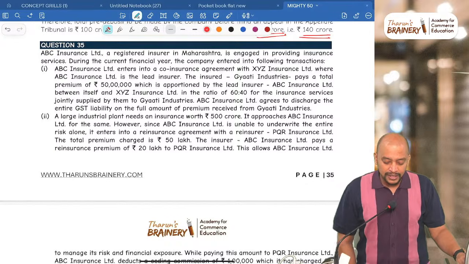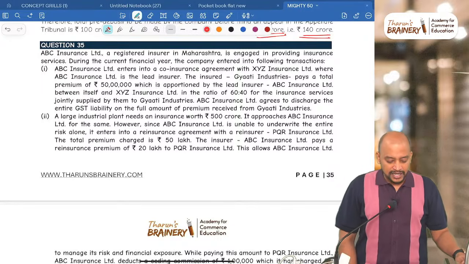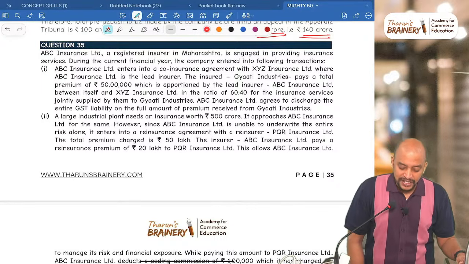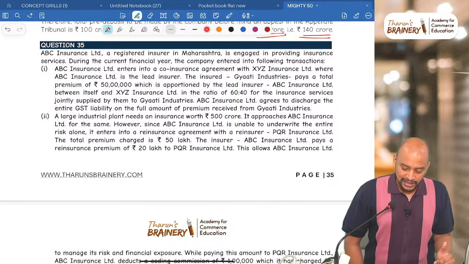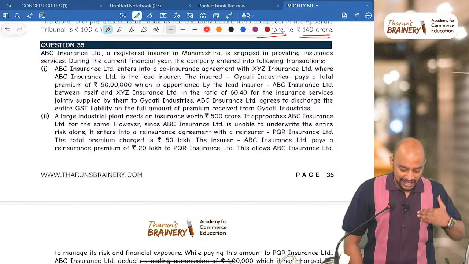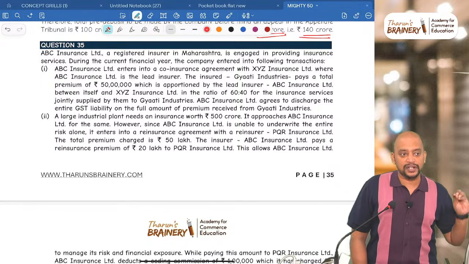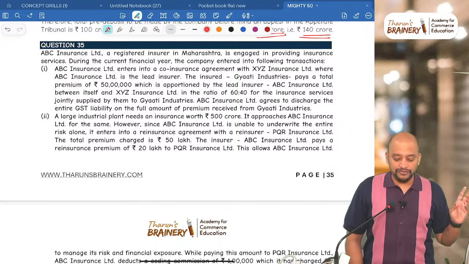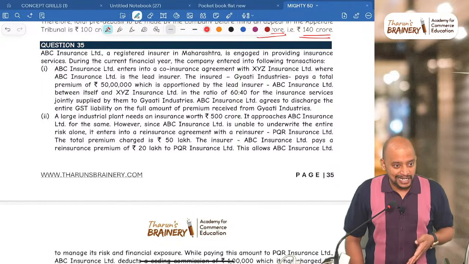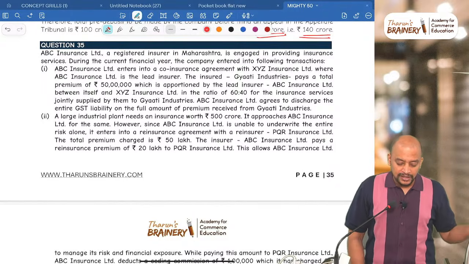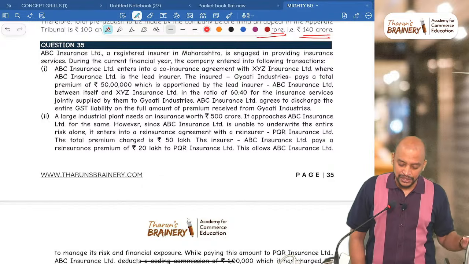The insured, Gyati Industries, pays a total premium of 50 lakhs, which is apportioned by the lead insurer, ABC Insurance, between itself and XYZ Insurance in the ratio of 60:40. Means out of 50 lakhs, 40%. So 50 into 40% is 20 lakhs. They are giving it to the other one, that is XYZ Insurance.